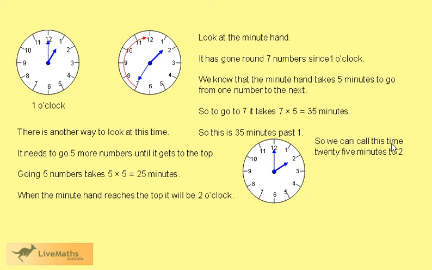So we could call this time 25 minutes to 2. In 25 minutes' time, it will be 2 o'clock. Either way of giving the time is correct. But most people would give this time as 25 minutes to 2, rather than 35 minutes past 1.